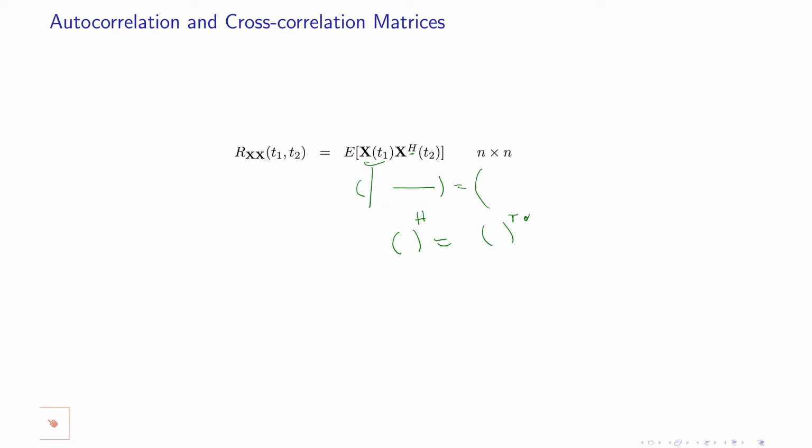Once it becomes a matrix, n by n, you calculate expected value of all entries, and this gives you the autocorrelation matrix. Okay, or you can have the cross correlation matrix between inputs and outputs. So this is a column vector, this is a row vector, and it becomes n by m, the cross correlation matrix of input and output.